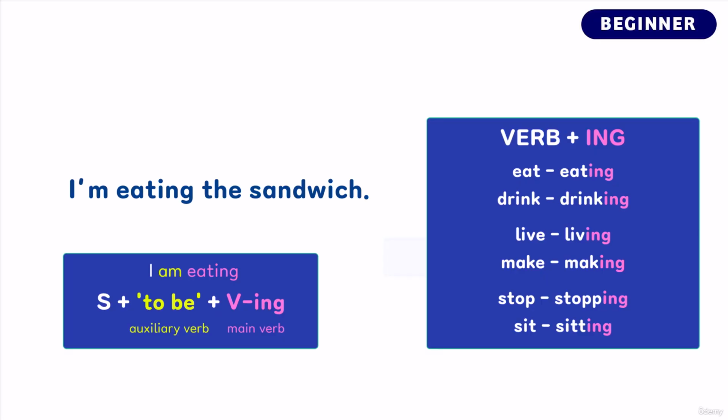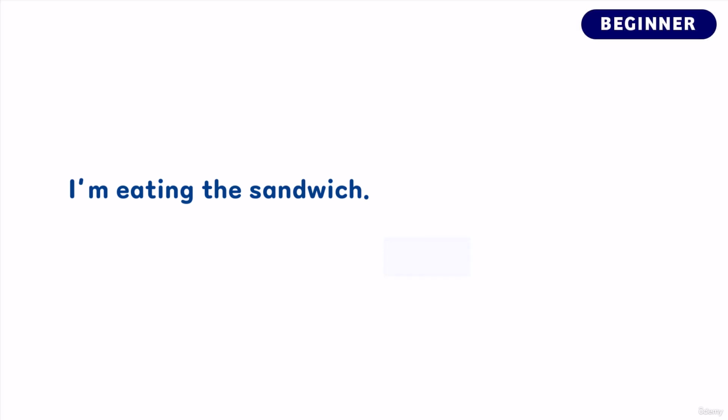So stop becomes stopping and sit becomes sitting. So there are different ways of making verbs into ing form. We have a document showing you how to make verbs into ing forms, so do refer to this document in the resources section.